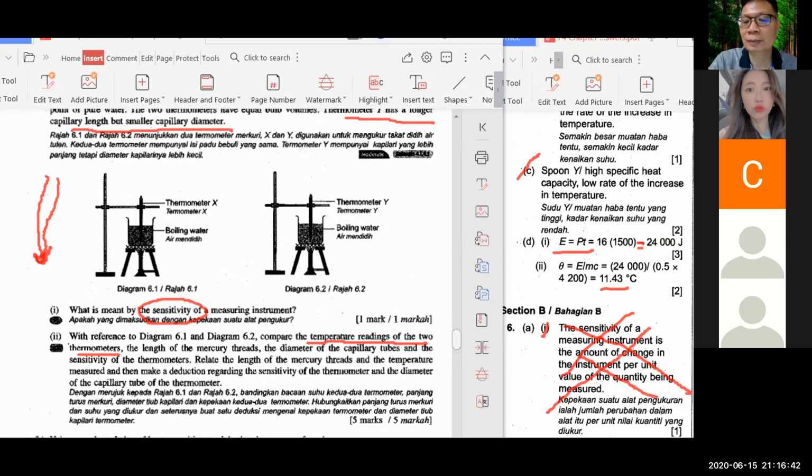Ki Cheng, are you here? Ki Cheng cannot talk, never mind, you type. How do you think? Compare the temperature between the two thermometers. What is your answer?